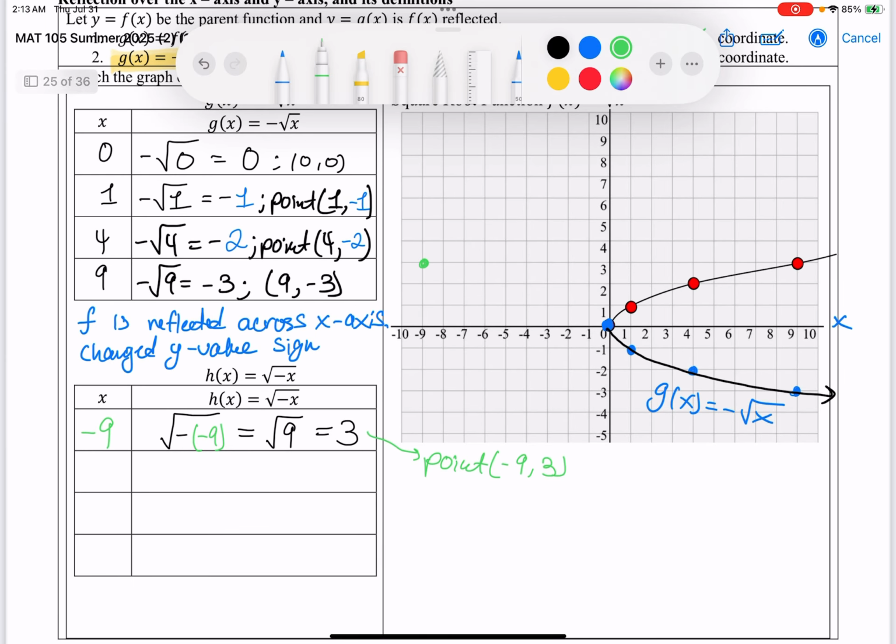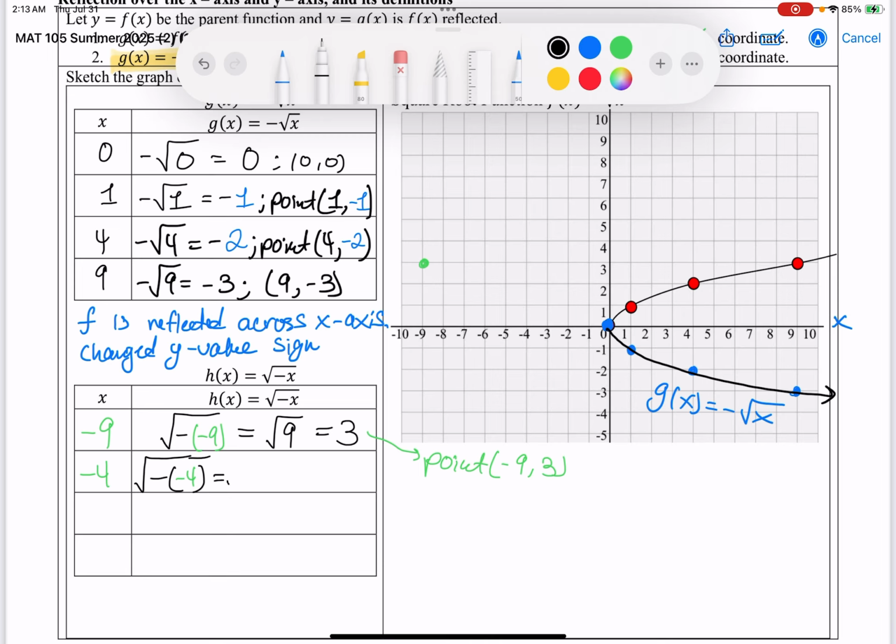Let's do one more. Instead of using +4 like I did in the first one, I'm going to use -4. So -4 is x, and to find our y, that's going to be negative of -4 under the square root.